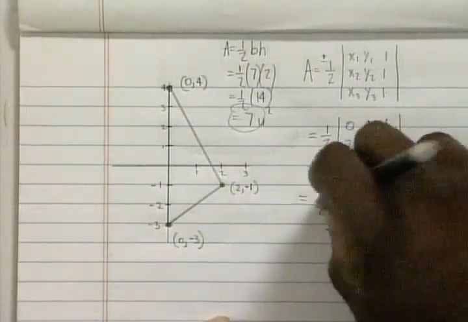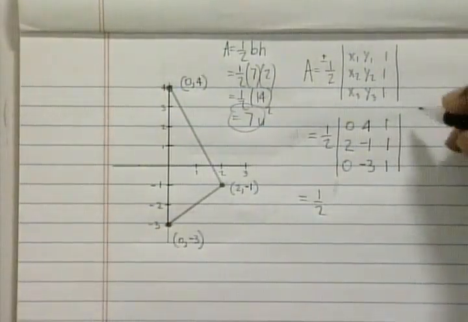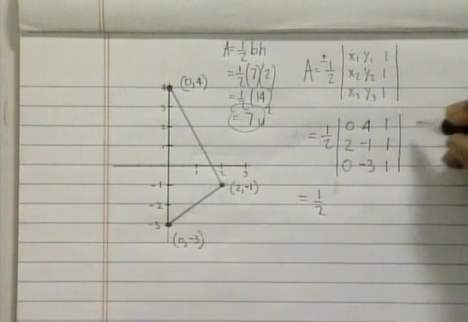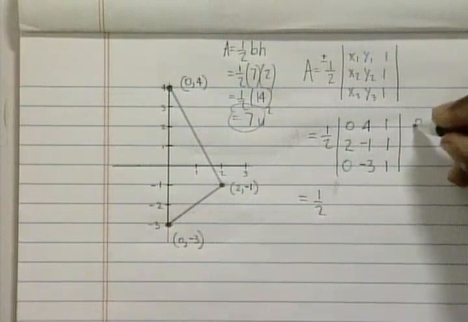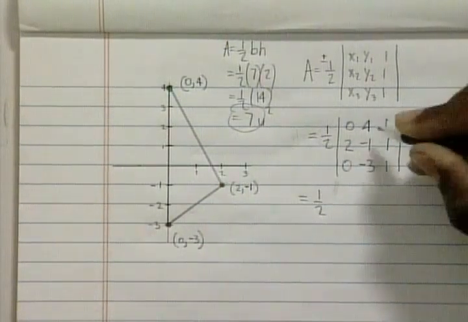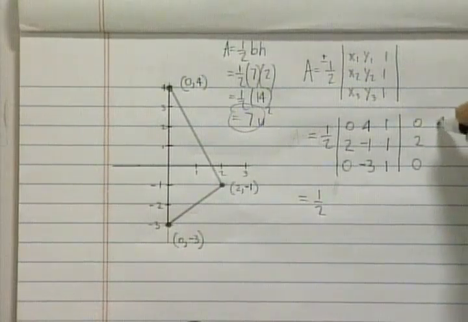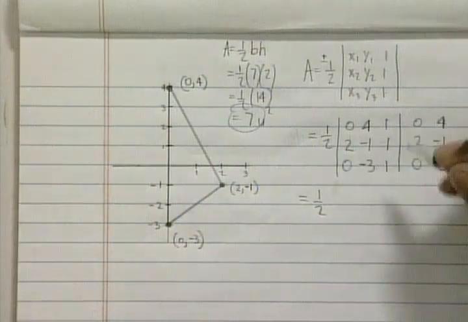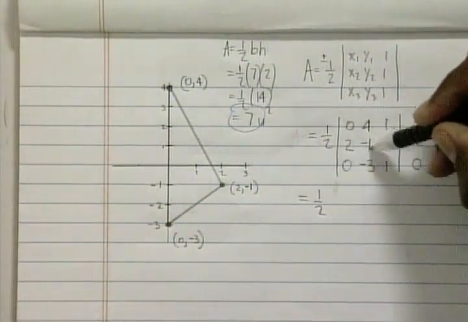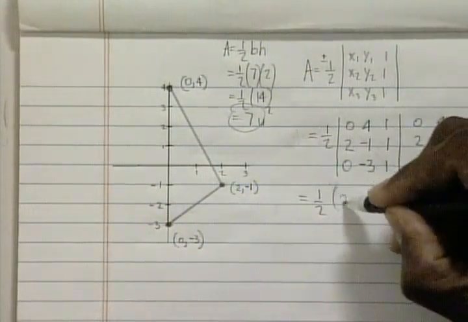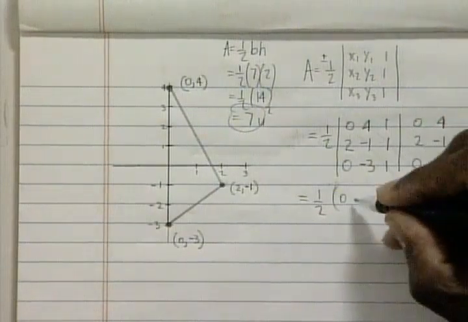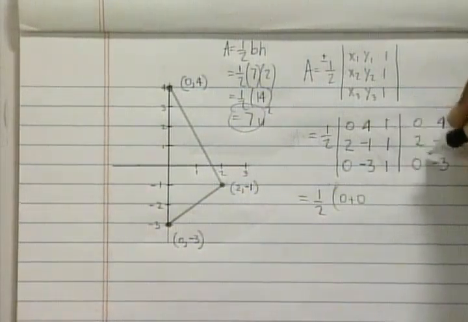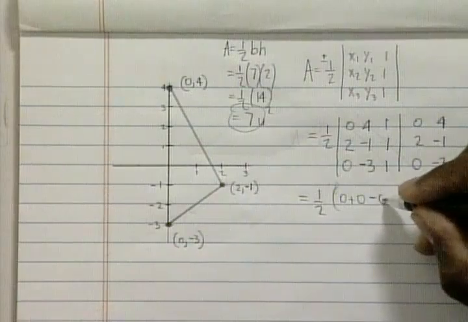A way you can find the determinant here is rewrite these columns, 0, 2, 0, and then rewrite this column 4, -1, -3. And then let's go through a series of mathematical operations. This product is 0. This product is 0 plus 0. And this product is -6.